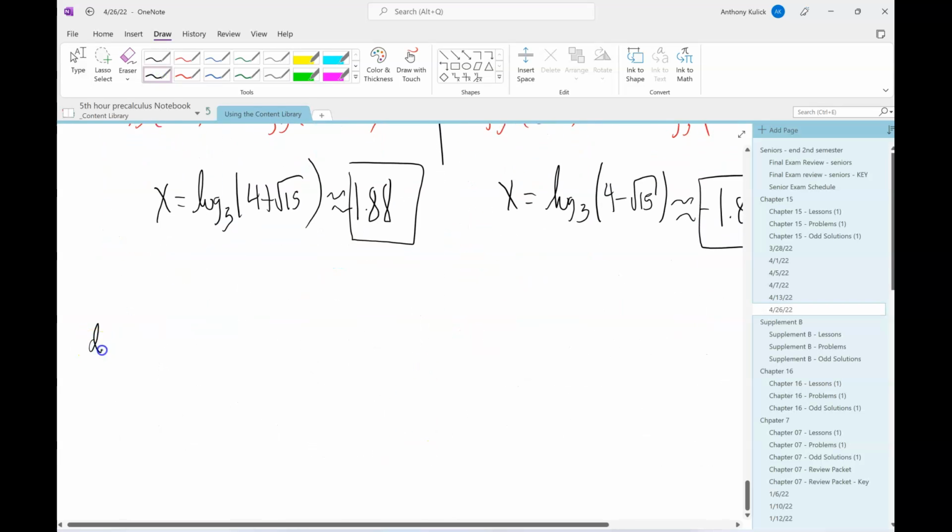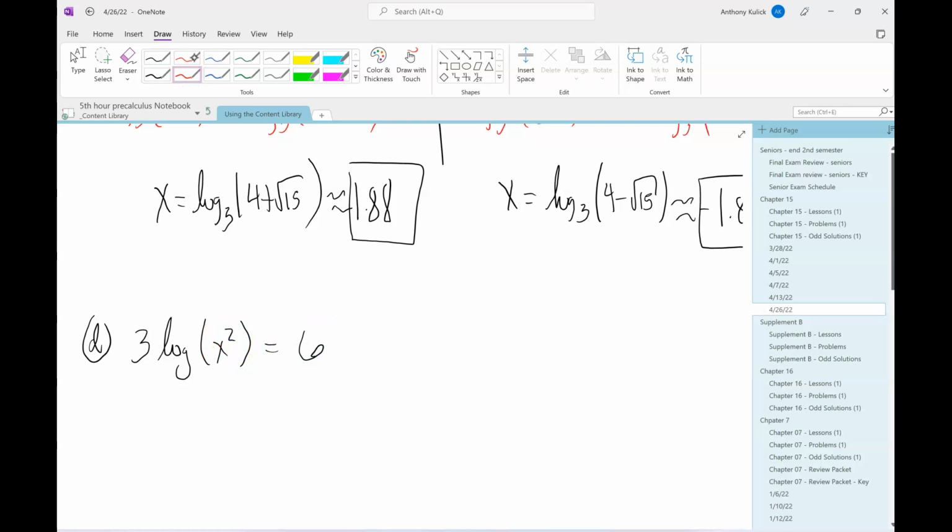All right. What if we have a logarithmic equation now? So again, we're trying to solve for x. What's the first thing you think we should do here?